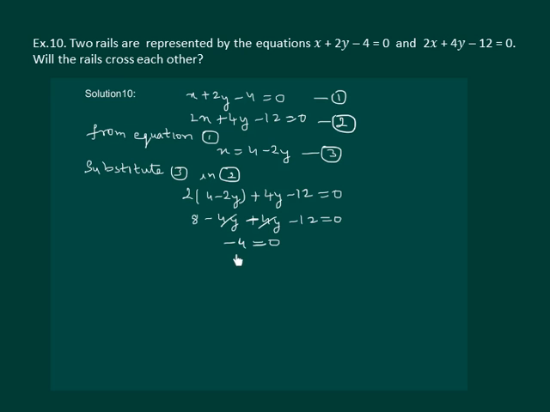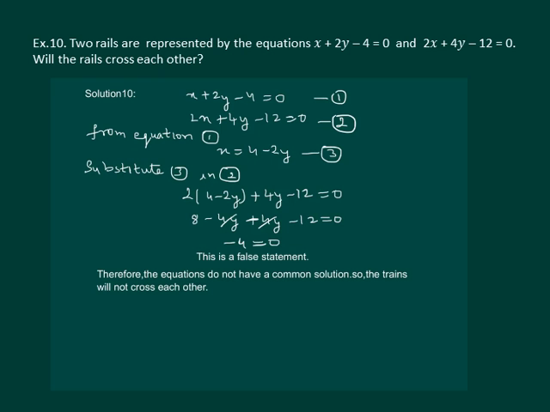Now this statement is false. So therefore the equations do not have a common solution. And so the rails will not cross each other.